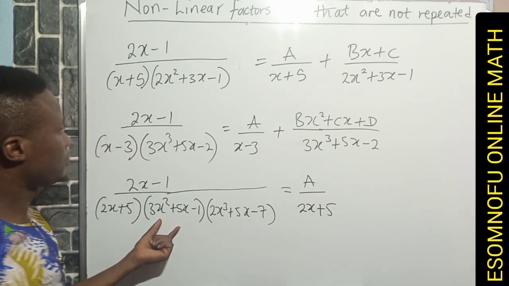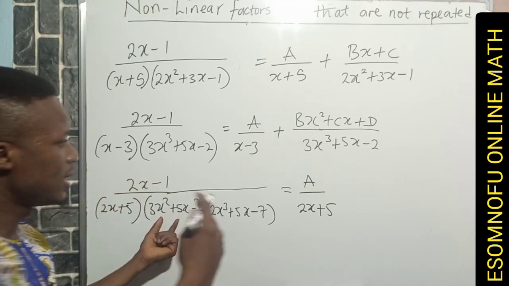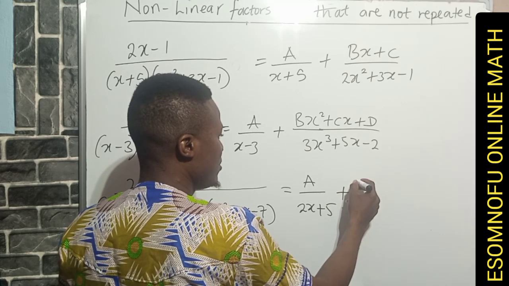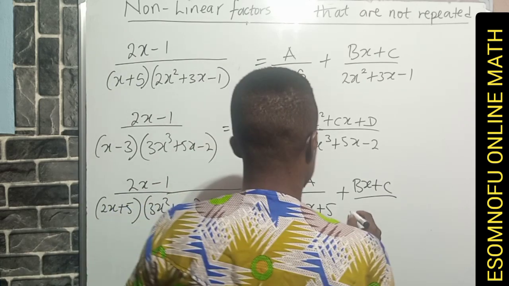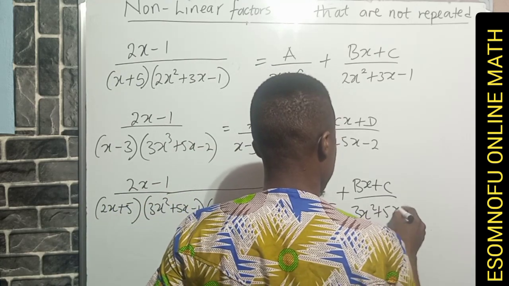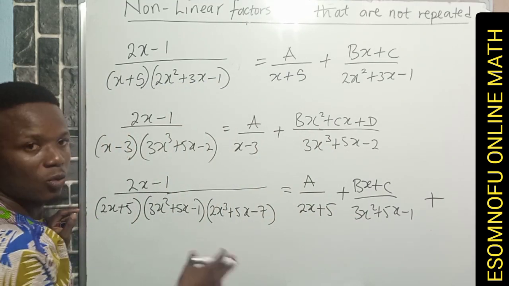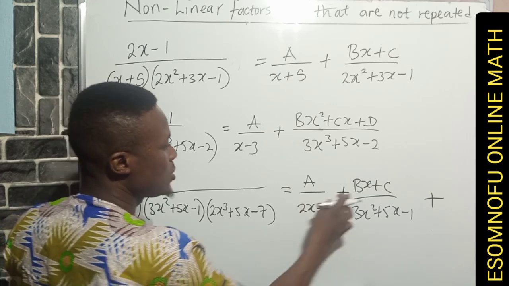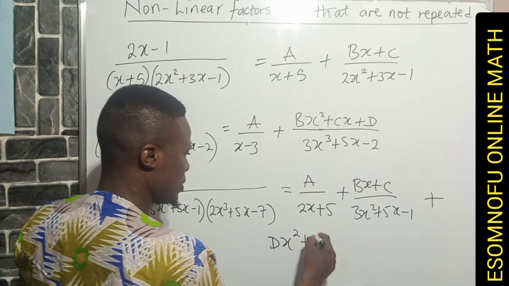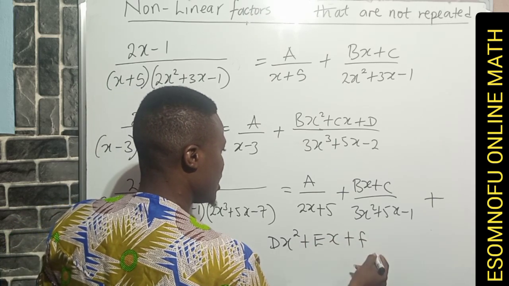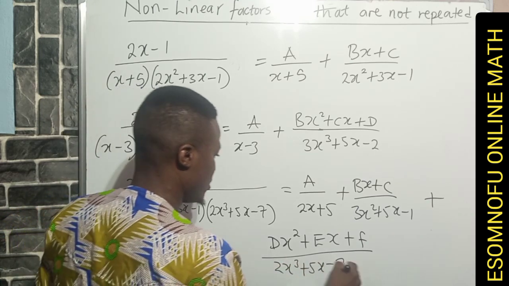For the second, which is quadratic, I'm going to use linear: (Bx plus C) all over (3x squared plus 5x minus 1). Plus, the third is cubic, so I'm using quadratic. I've used A, B, C, so I'll start with D: (Dx squared plus Ex plus F) all over (2x cubed plus 5x minus 7).